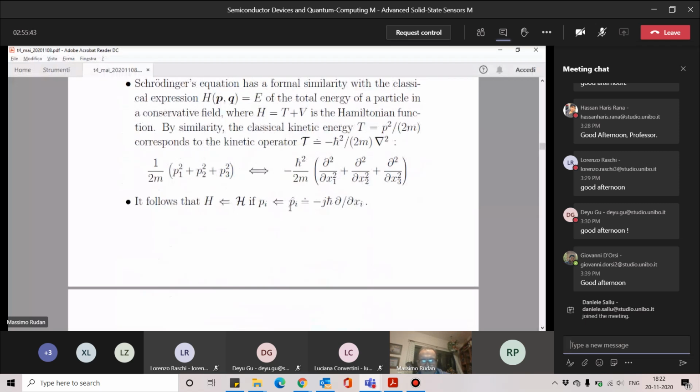If you think of it as p1, p2, p3, so as three components, you have a vector operator that you may call the vector operator momentum, and it is obviously minus j h bar gradient, because you have derivatives with respect to x1, x2, and x3. So minus j h bar gradient is the momentum operator understood as a vector, okay?